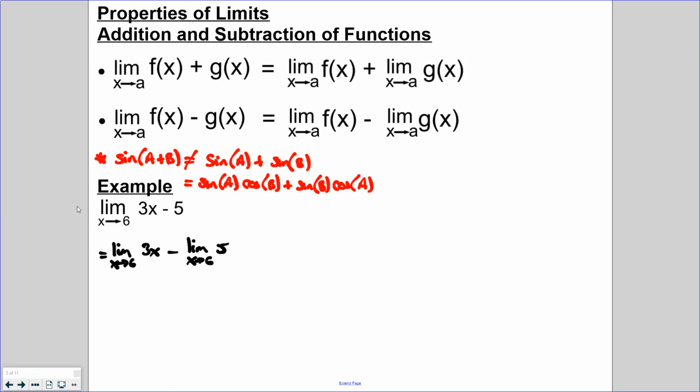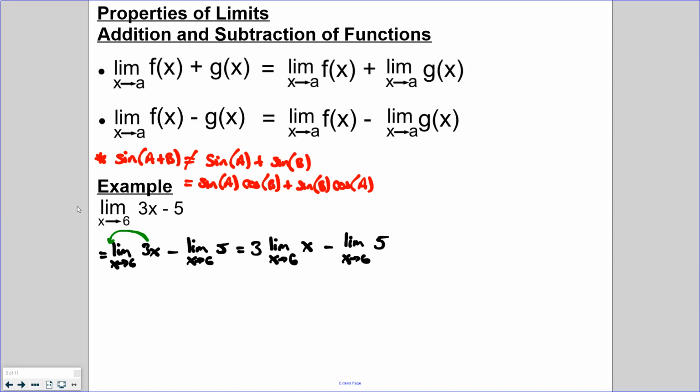Then, moving on, we have the limit as x approaches 6 of 3x, and 3 is a coefficient, which means we can factor it out. That gives us 3 times the limit as x approaches 6 of x minus the limit as x approaches 6 of 5.